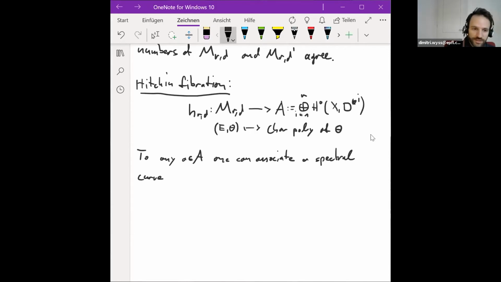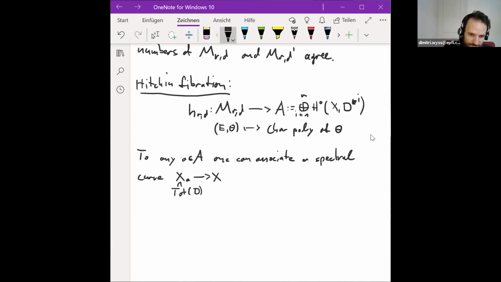And the spectral curve is a certain curve X_a, which covers the original curve X we started with. It lives in the total space of the line bundle D, and it's basically the curve cut out by the equation given by the characteristic polynomial.